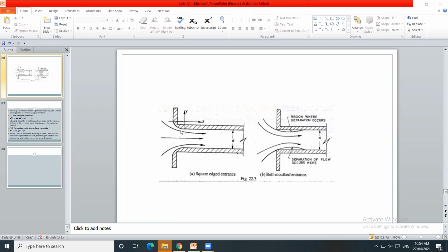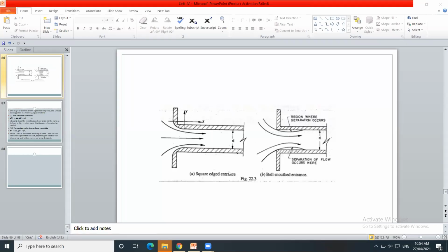In a square edge entrance, there is separation of the flow. This is the bell mouth entrance, and this is the square edge entrance. In a square edge entrance, there is separation of flow and cavitation will be there. But in a bell mouth entrance, there is no cavitation and no separation of the flow of water.